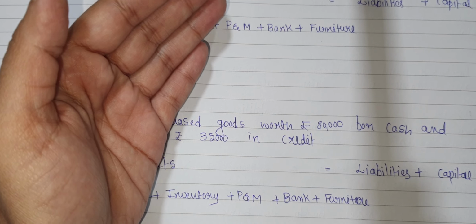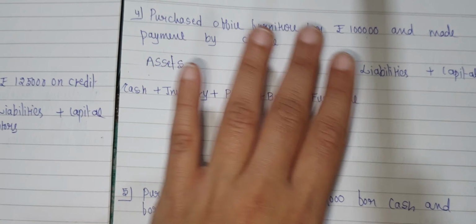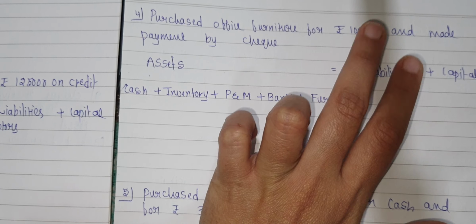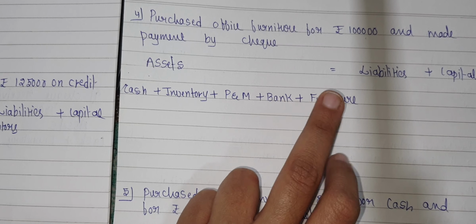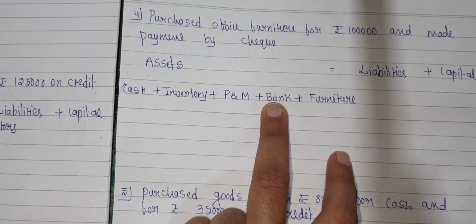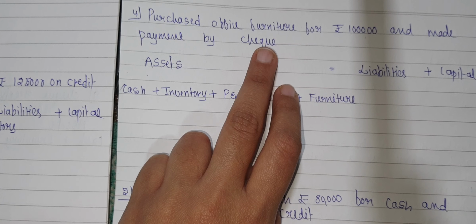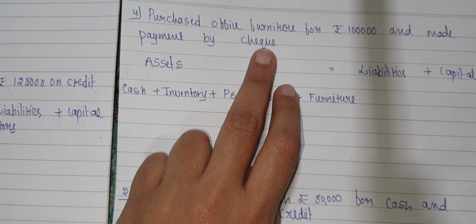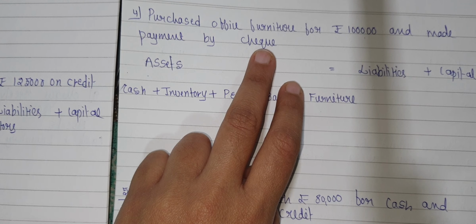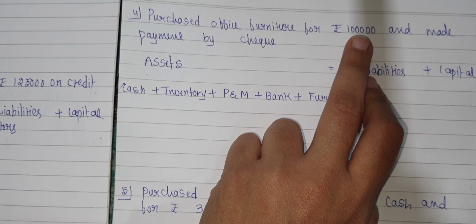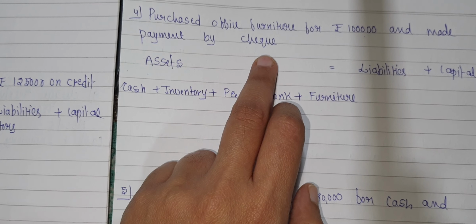Furniture increases by rupees 1 lakh and by the same amount bank decreases, because we made a payment by check. I hope this is clear to you all.